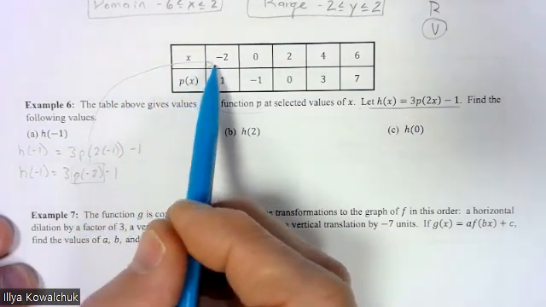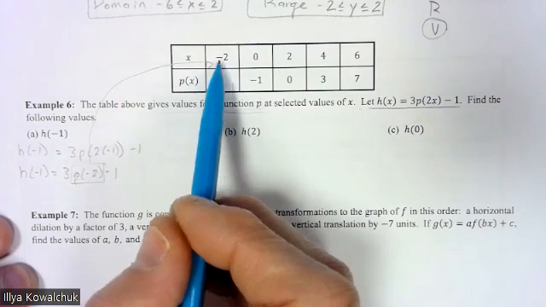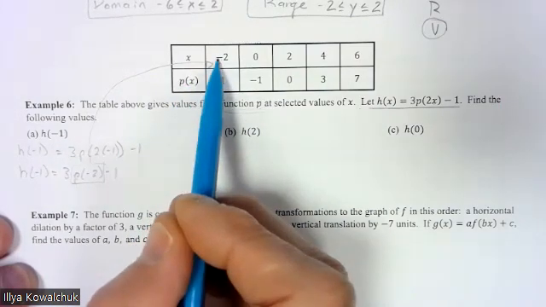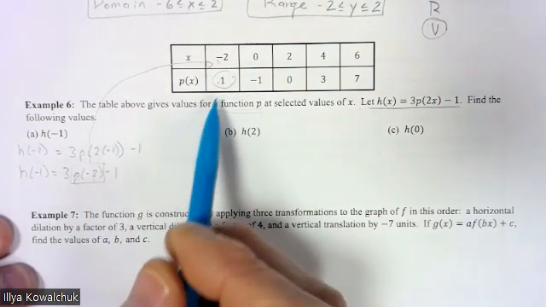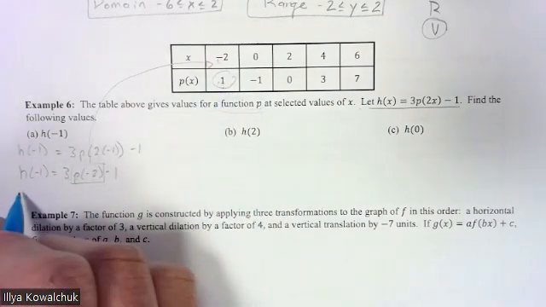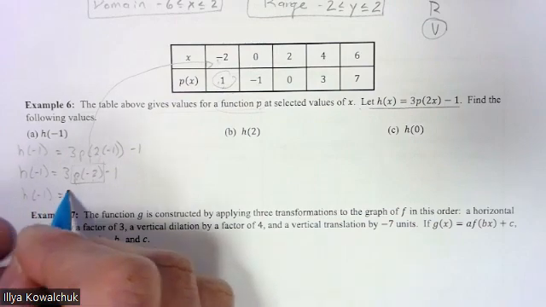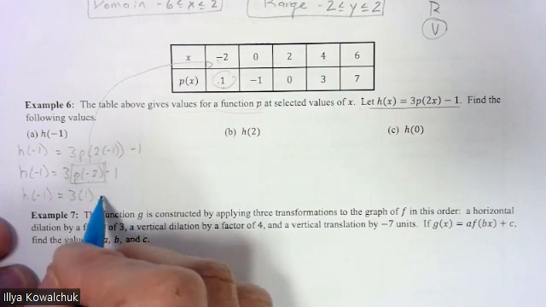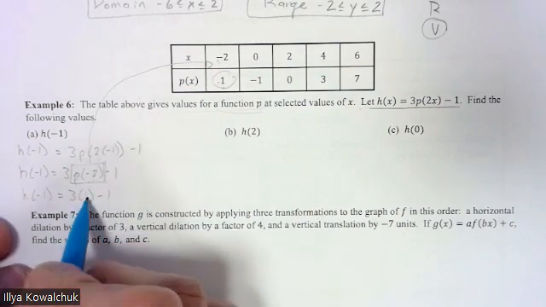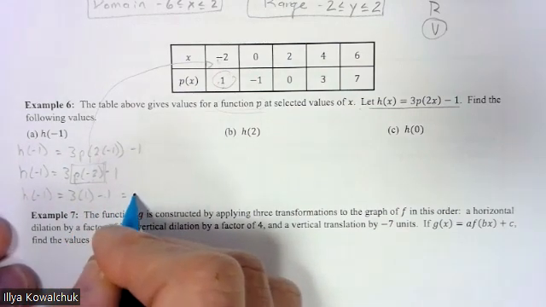This is x is -2. So really, I take p of -2, and that's my y value. So this whole rectangular box right here is just equal to 1. So now h of -1 is equal to 3 times 1, which is this rectangular box, p of -2, minus 1. Well, 3 times 1 is 3, minus 1 is equal to 2.